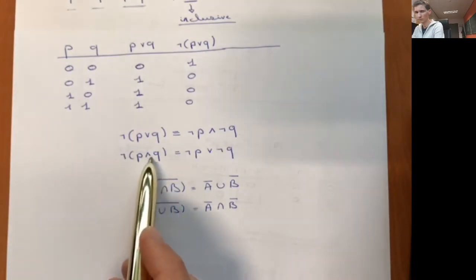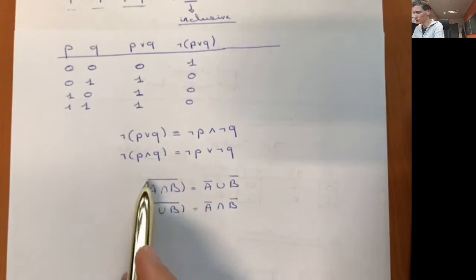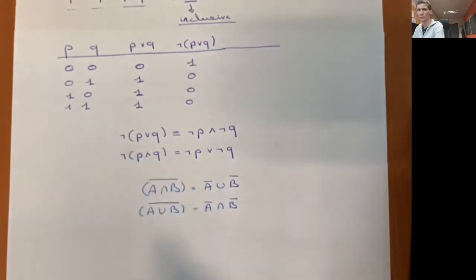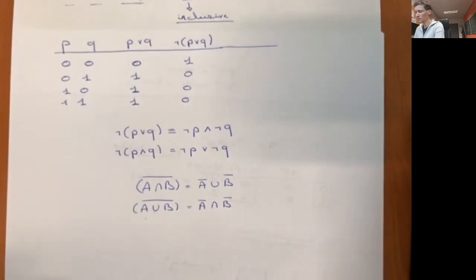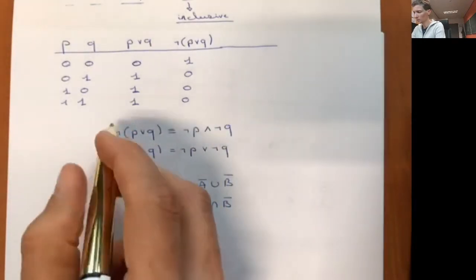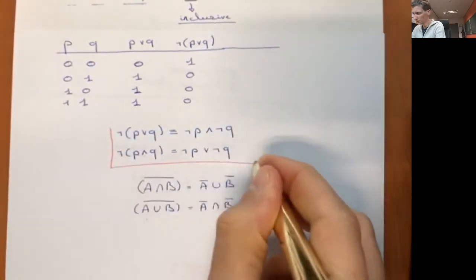Intersection here is similar to the AND operator, union is similar to the OR operator, and taking complements is similar to negating the formula. So there's a lot of similarity between set theory and propositional logic, and this is one of them. So if you know De Morgan's laws, you will probably also remember these important identities.